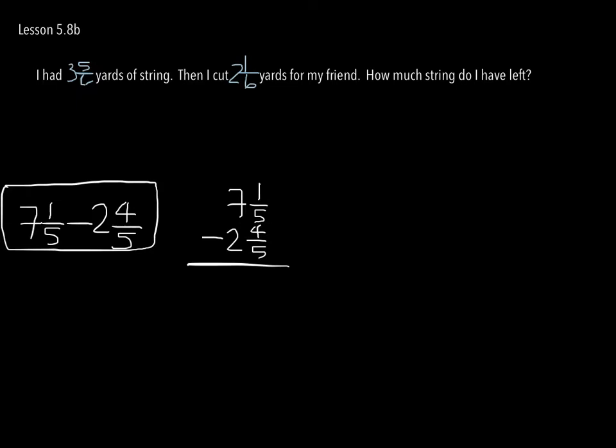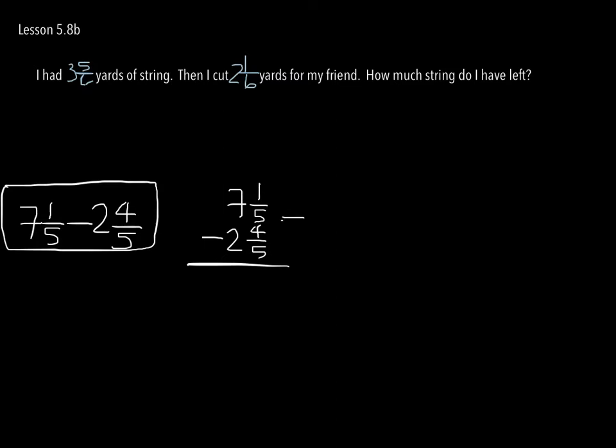Now the first thing we have to notice, boys and girls, is that the numerator on the bottom number is greater than the numerator of the top number, which tells us something, boys and girls. It tells us right now that we cannot subtract it as is. We have to do some fixing.